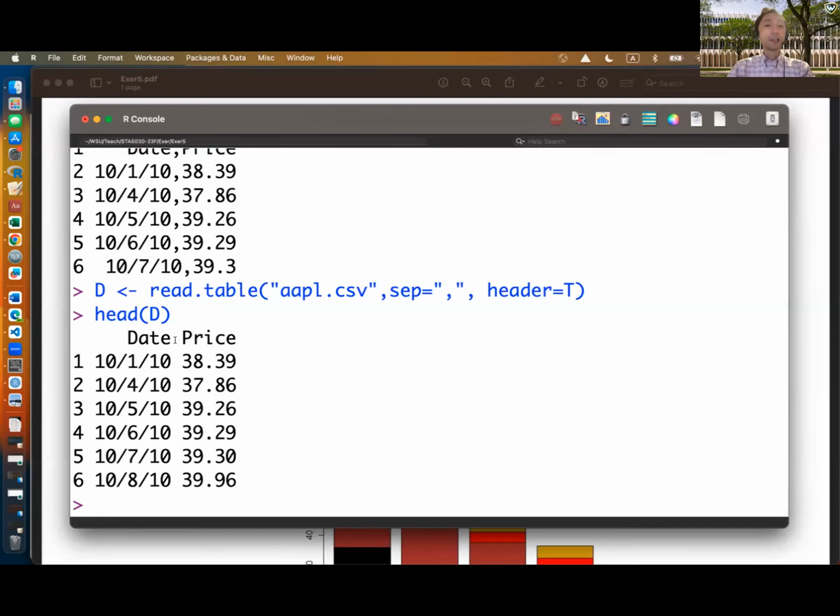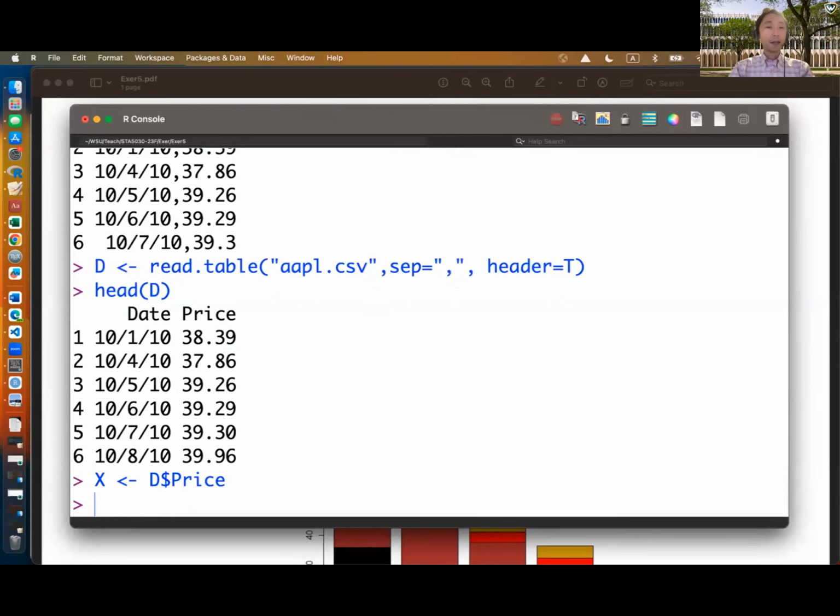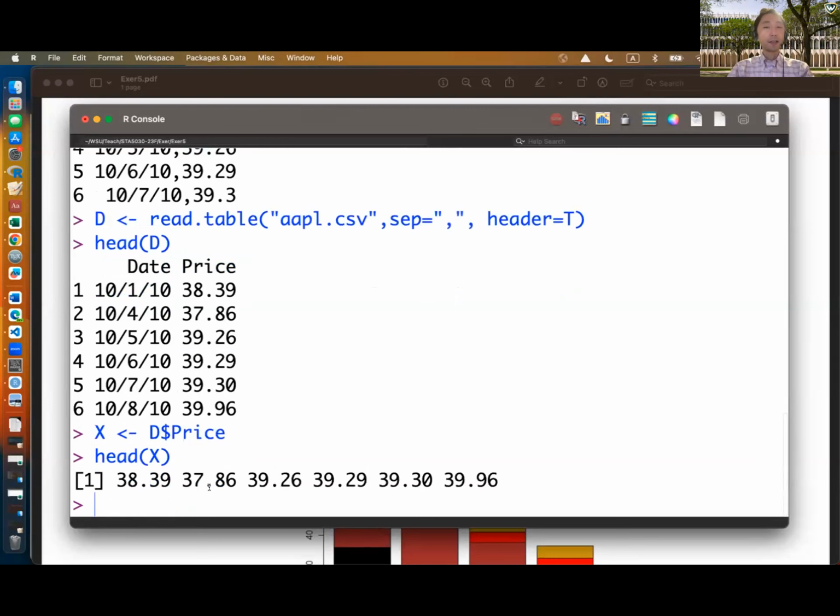Now we want to take the log of price. At first, we define D of price as X. Then X is a vector with 1007 observations.